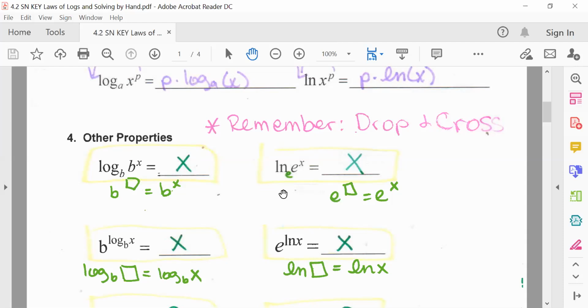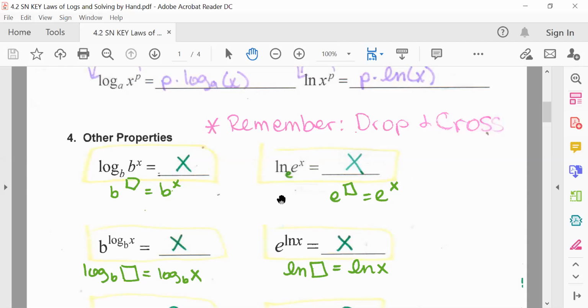Okay, similar idea with natural log. Remember, natural log is log base e. We're taking the log base e, or natural log, of e to some power. So dropping and crossing, the base e drops to the unknown power in the blank, equal to the thing we took the natural log of, e to the x. Okay, that box is x.